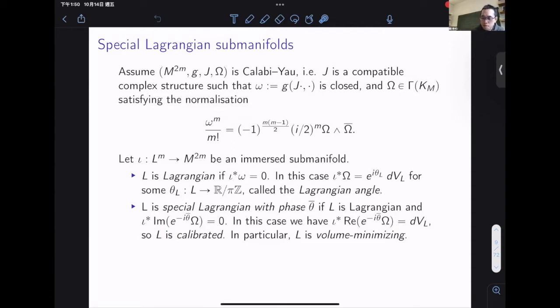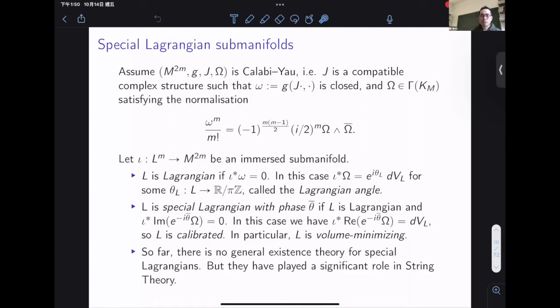So in particular, a calibrated submanifold must be volume minimizing, due to a simple Stokes theorem argument. And therefore, special Lagrangian submanifolds are volume minimizers in a Calabi-Yau manifold.